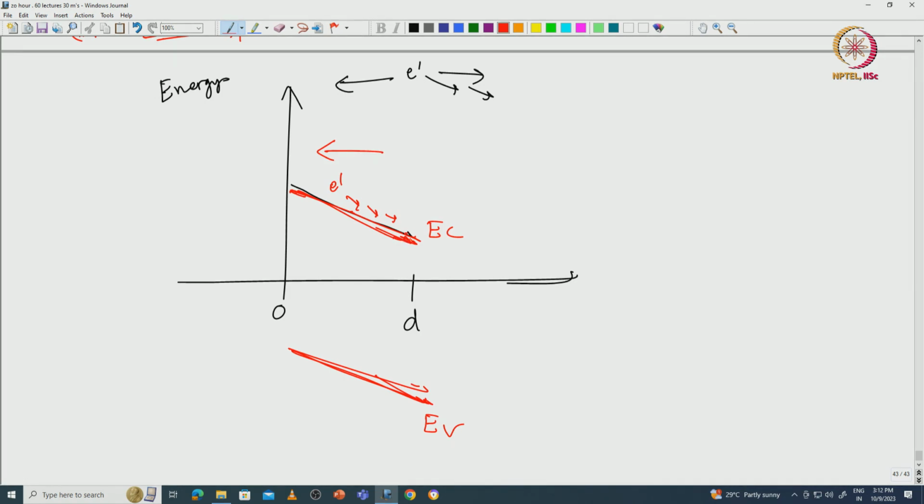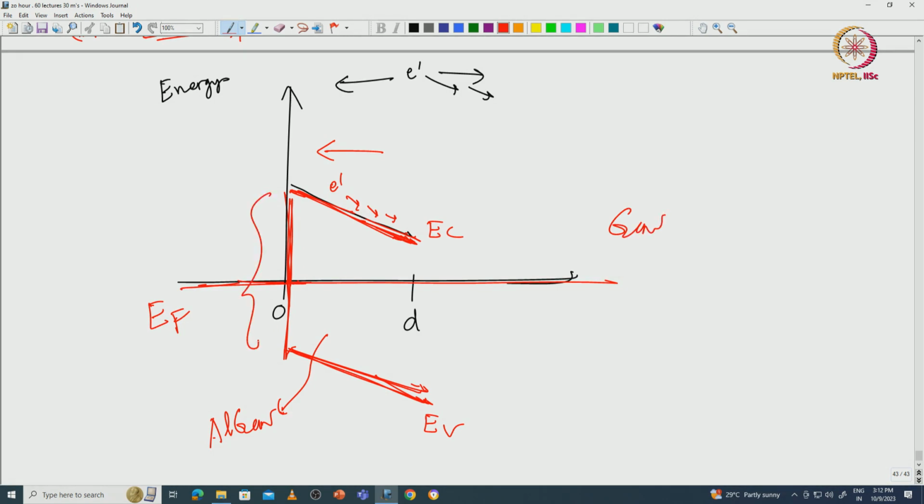And this is the energy band gap of your Elgin, this is your Elgin on the top, and assume that this is your Fermi level. Now there is GaN here. Now this band gap is large, say 4.2 electron volt, but this band gap is 3.4 electron volt, which means at the interface there will be a discontinuity, because GaN has a smaller band gap.